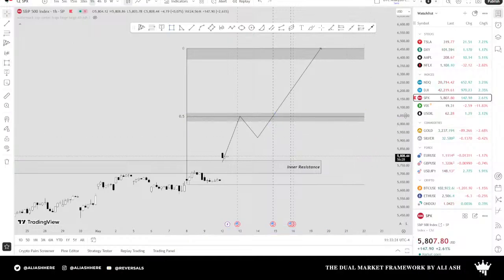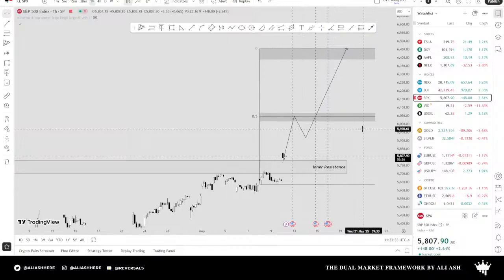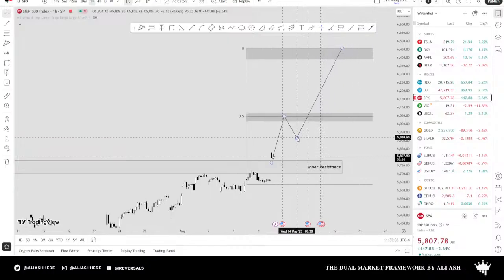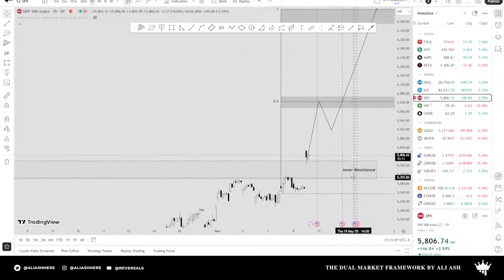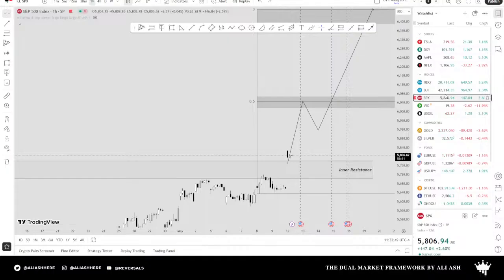So at the 0.5 level, we have 6050. This is one of the levels. So let's see if it tries to retest and then go for the full demand, or it breaks away and goes for a retest to the inner resistance. So that's it for the SPX.